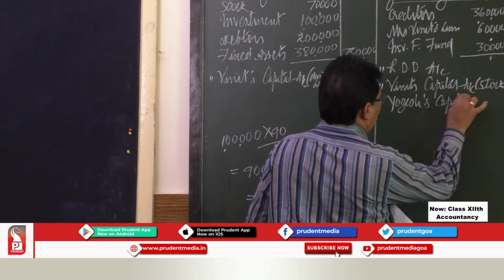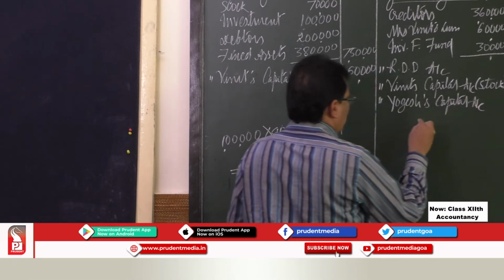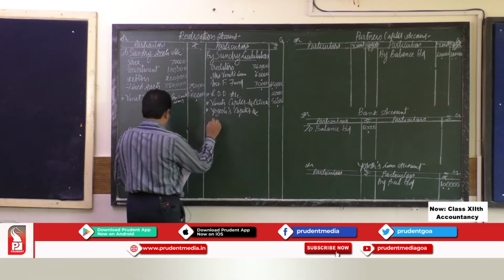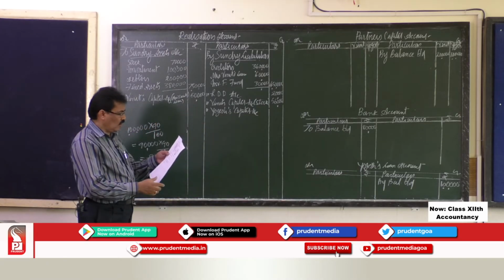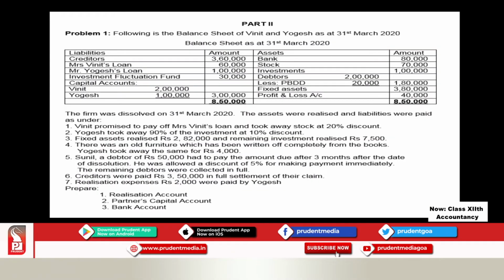He has taken one more asset. So, since he has taken more than one asset, we will write it in the inner column. So, investment he took for 81,000. So, this is your adjustment number 2.